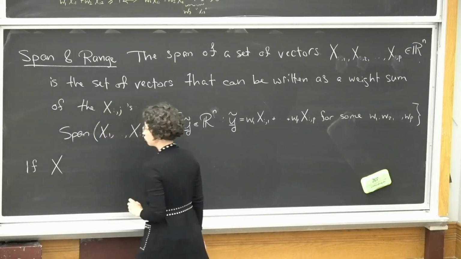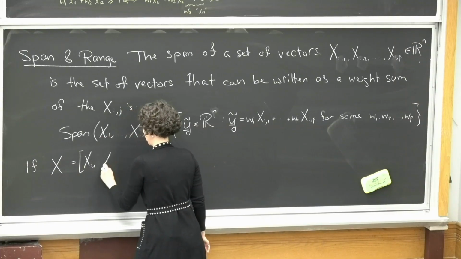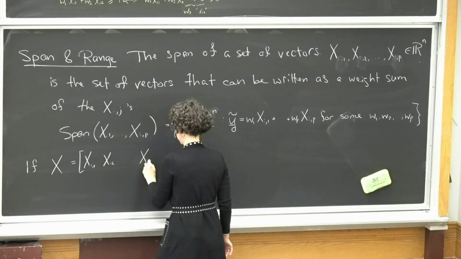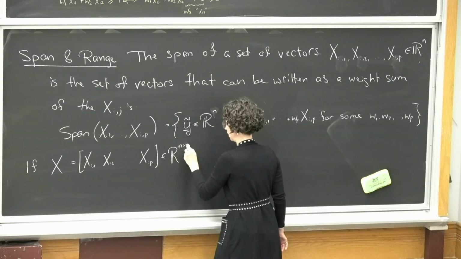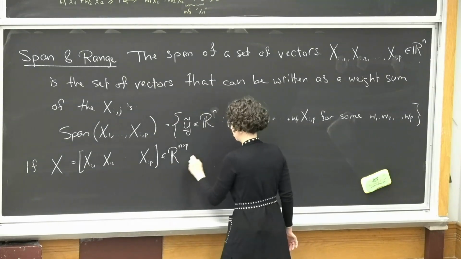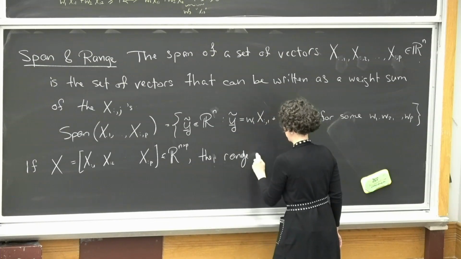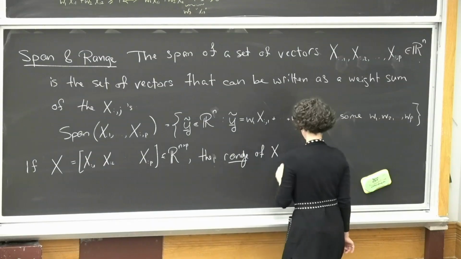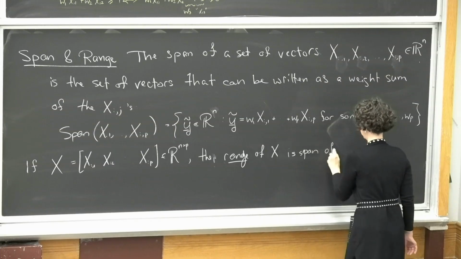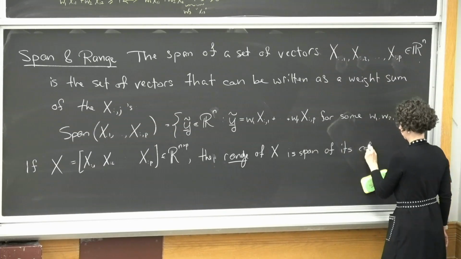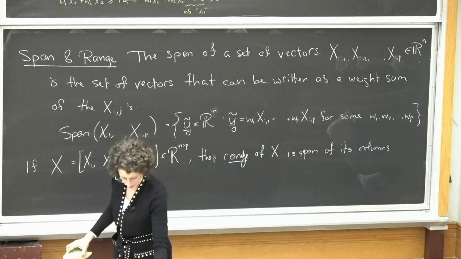So if my matrix X has columns X colon 1, X colon 2, all the way to X colon P, so I've got this matrix and it's n by P, then I say the range of X is the span of its columns. Okay, so range and span are intimately connected like this.